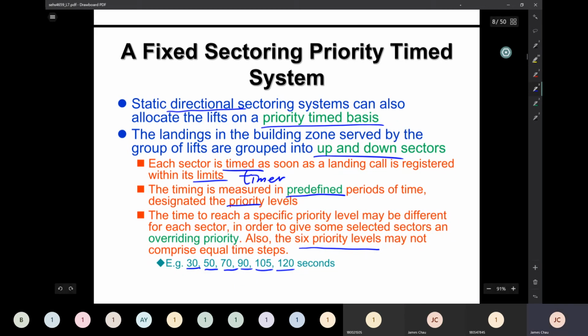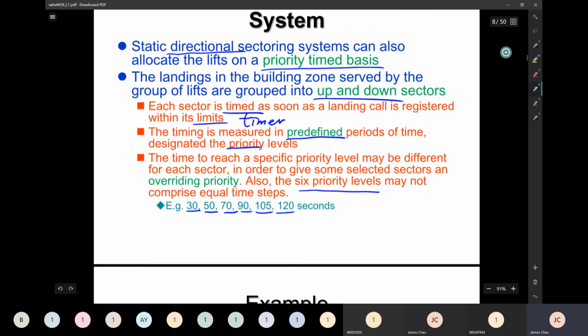And why are we using uneven time steps for our priority? Because in that case we can easily have a VIP control by overriding the priority, so that we can adjust the time for VIP service, and the lift can serve the VIP immediately.